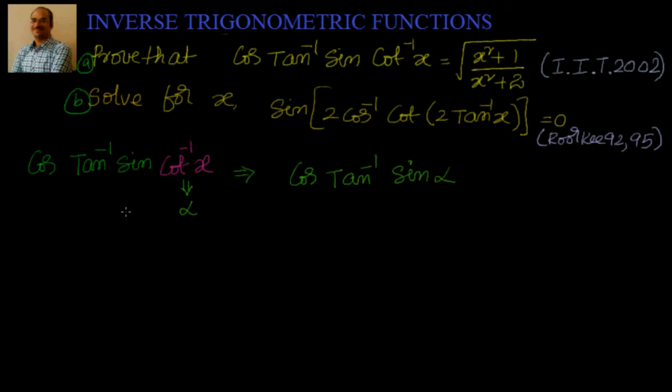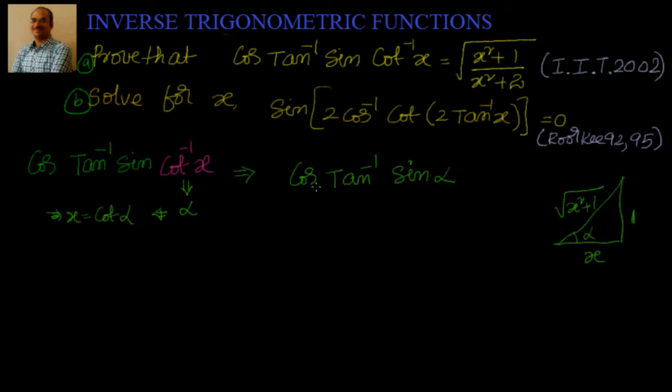By this substitution we know x equals cot alpha. So let's see here, this is alpha. What is cot? Adjacent by opposite, that means this is x, this is 1. So what will this be? Square root of x square plus 1 by Pythagoras.